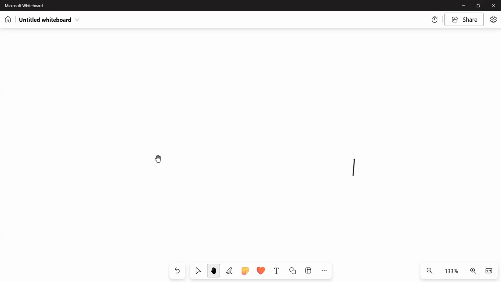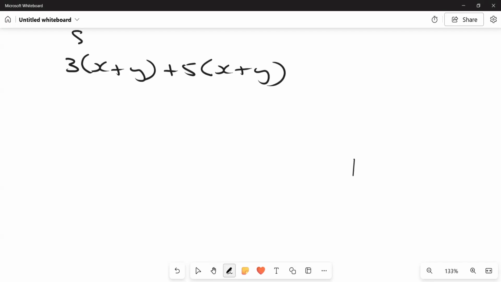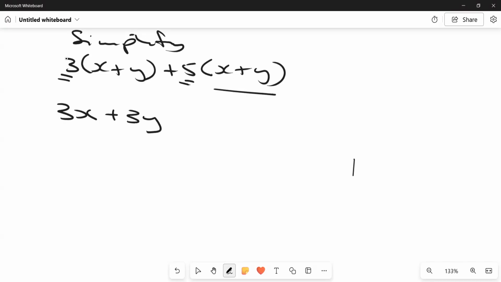Maybe you want to simplify something. So let's say you have 3 times (x plus y) plus 5 times (x plus y), and you're asked to simplify it. The distributive law basically says you multiply what is in front by everything in the bracket. So 3 times x gives you 3x, plus 3 times y gives you 3y.